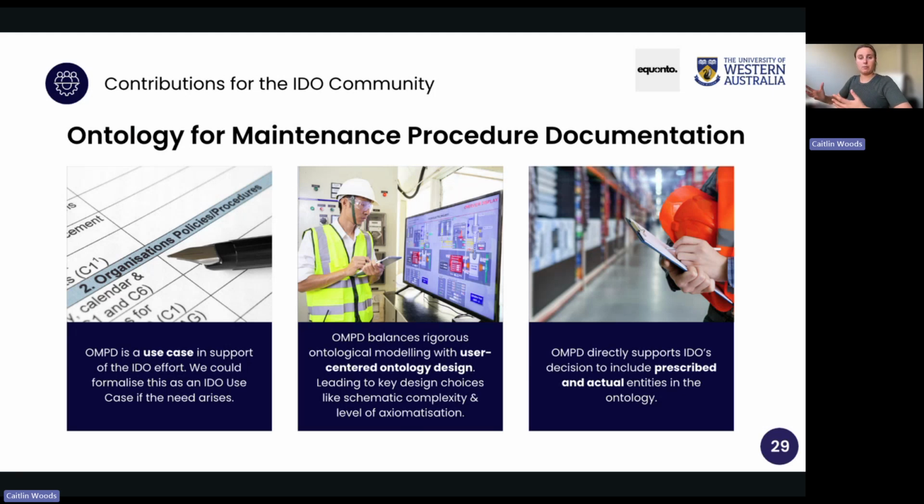So this is a really pragmatic example of how to develop an ontology for industry to lower the barrier to entry for using this ontology in an industrial space. And finally, OMPD supports IDO's decision to include prescribed and actual entities in the ontology, which is what I spoke about briefly when we were modeling our epistemic versus actual activities.